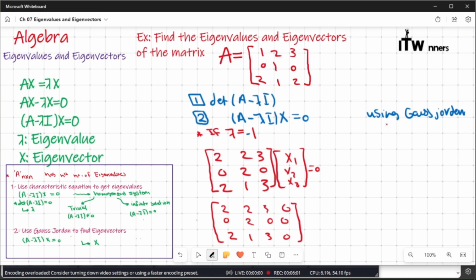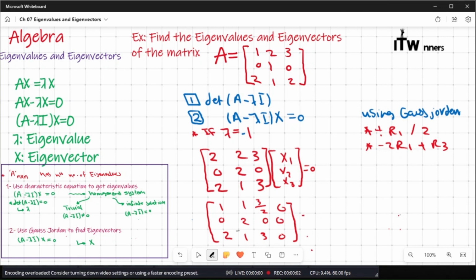The first operation is to divide the first row by 2. Okay, so we have here 1 1 3 half. Next one is to multiply the first row by negative 2, then add to the third row.